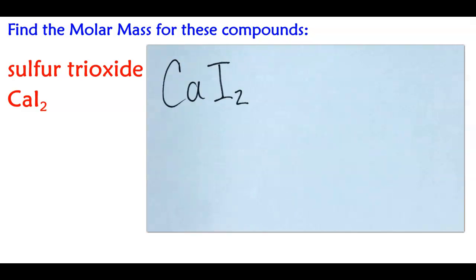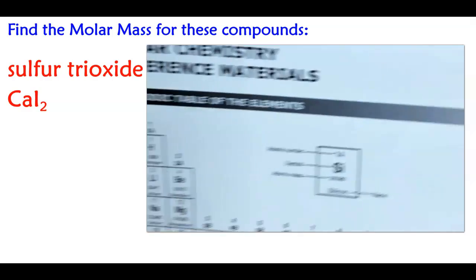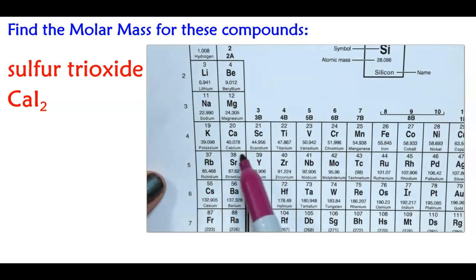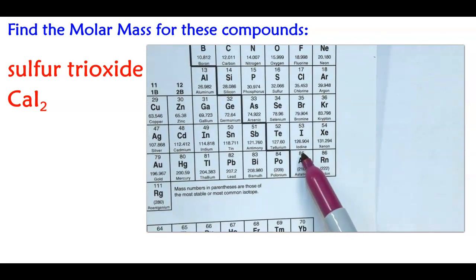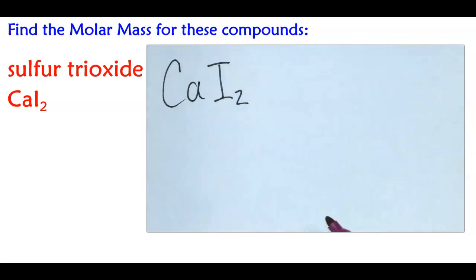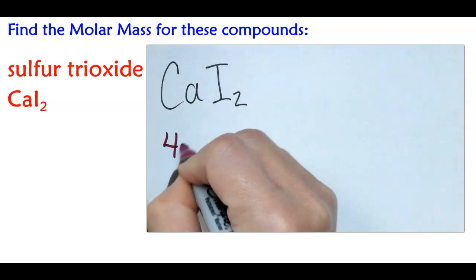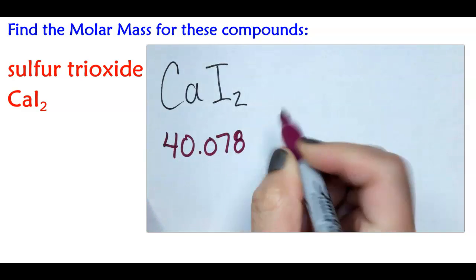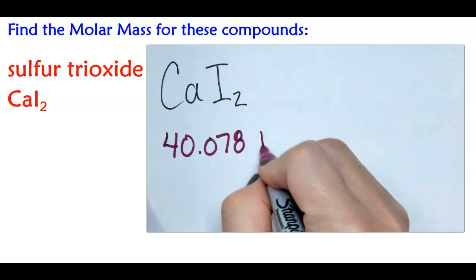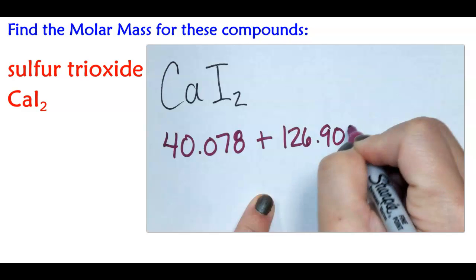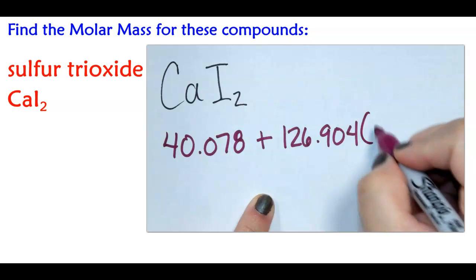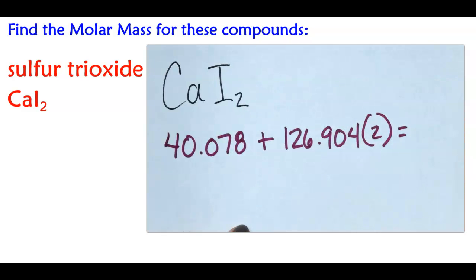To find the molar mass of calcium iodide, I'll go to the periodic table and find calcium, which is 40.078, and iodine is 126.904. So it's going to be 40.078 times 1 calcium plus iodine 126.904 times 2, and that's going to be equal to my molar mass.